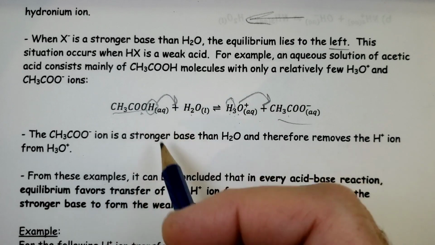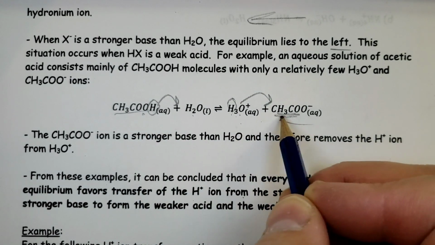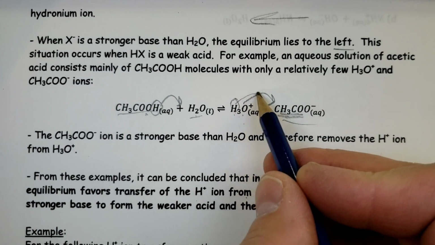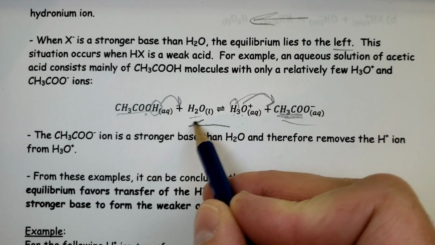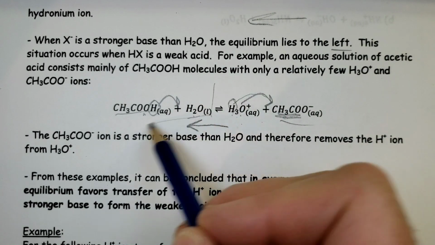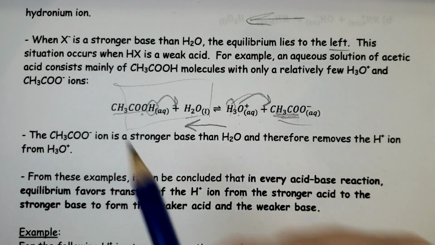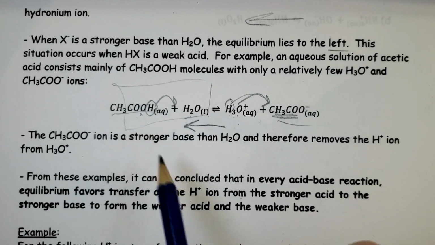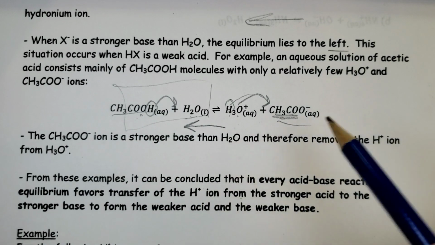But if we look over here, the acetate ion is a stronger base than H2O. Therefore, it's going to remove H's from the hydronium ion and exist in this form more often. And that is why this is a weak acid, because it's combined with a strong conjugate base.